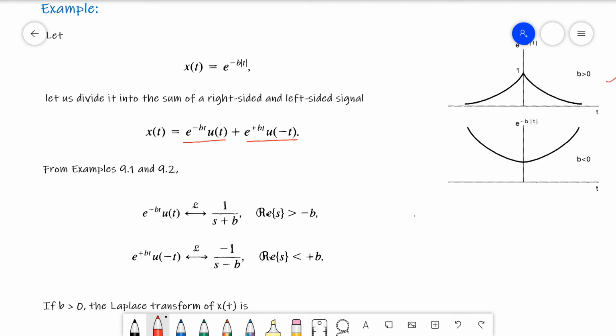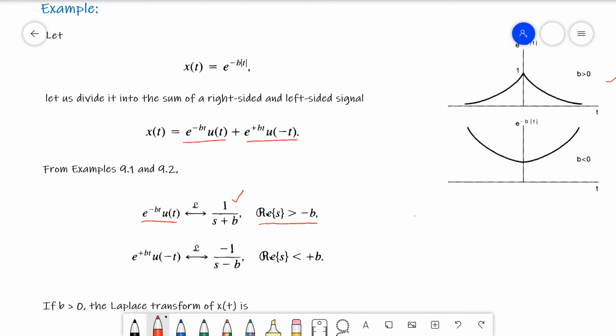From previous examples 9.1 and 9.2, we already know that for e raised to the power minus bt u(t), you will get this Laplace transform, and the region of convergence for this term will be greater than minus b.